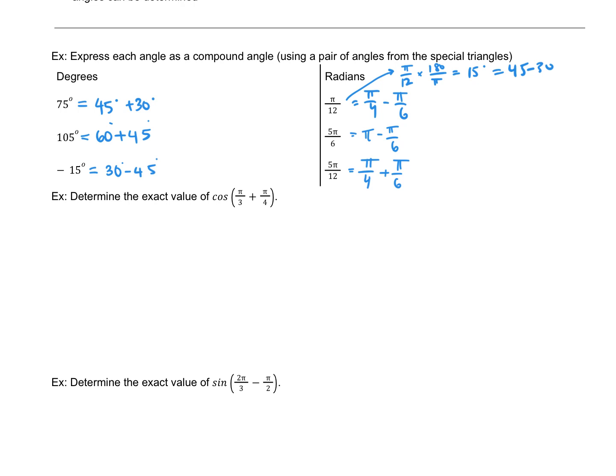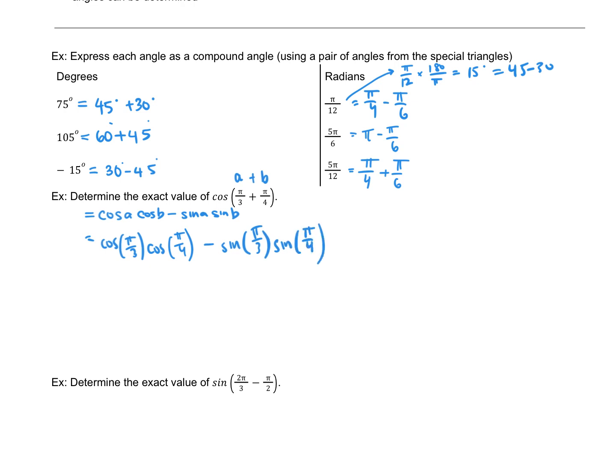Well, pi over 3 is acting like A, it's the sum, and then pi over 4 is acting like B. So now we have to look at our cos compound angle formula, and the cos compound angle formula is cos A cos B minus sine A sine B. So now let's put our appropriate angles in. Cos pi over 3 times cos pi over 4 minus sine pi over 3 and sine pi over 4.